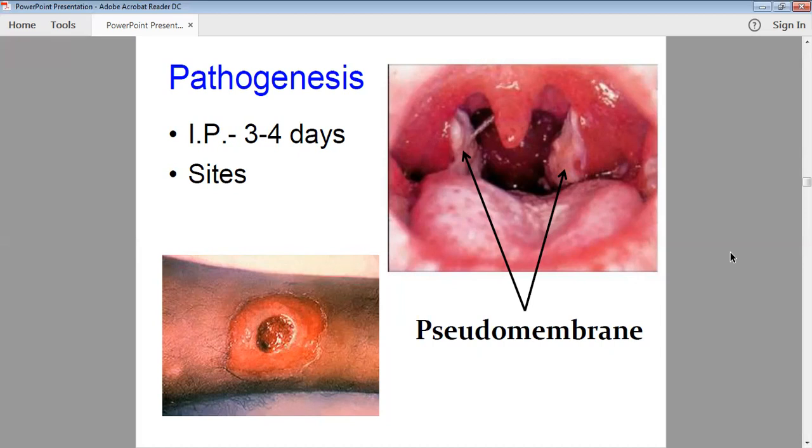The characteristic feature of diphtheria is the formation of pseudomembrane. How is the pseudomembrane formed? When bacteria multiply at this site, they secrete a toxin. Due to the toxin, surrounding cells undergo necrosis. Due to the necrosis, there is acute inflammation.